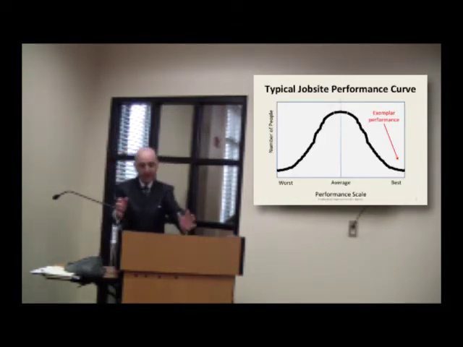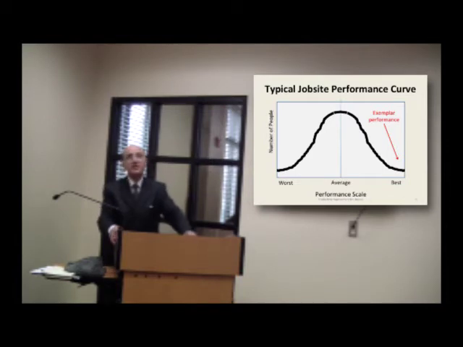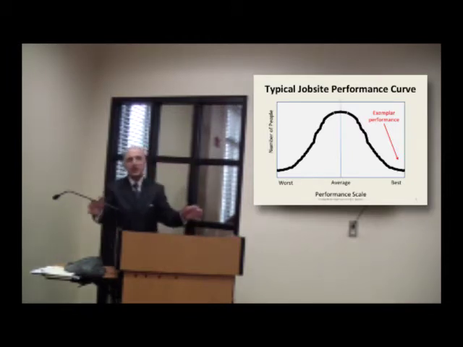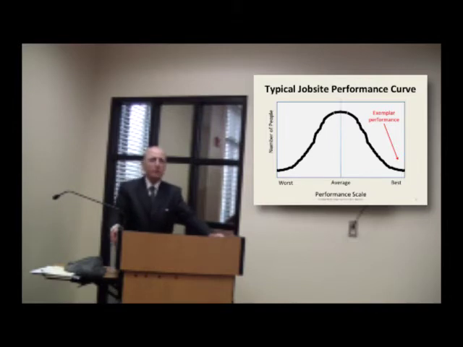This is a typical job site performance scale. If you try to gather the productivity of any type of crew on any construction site, it will mostly conform to this curve.